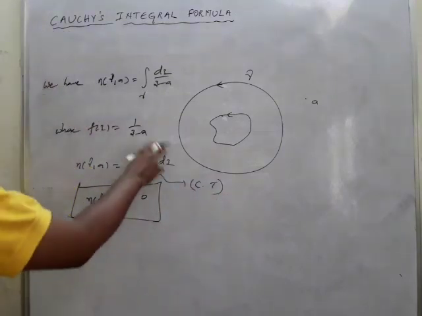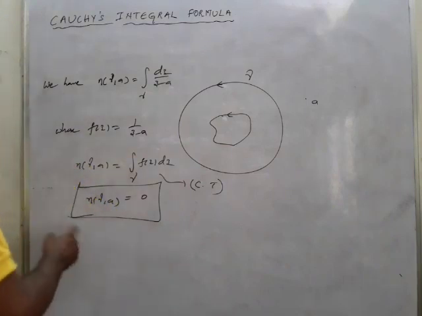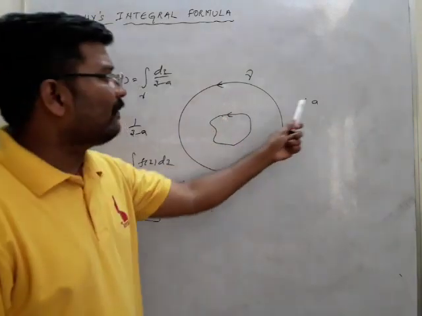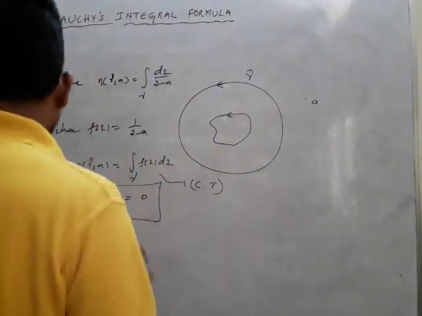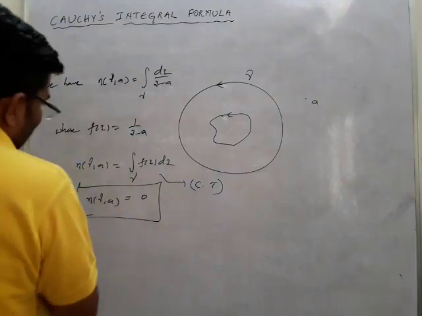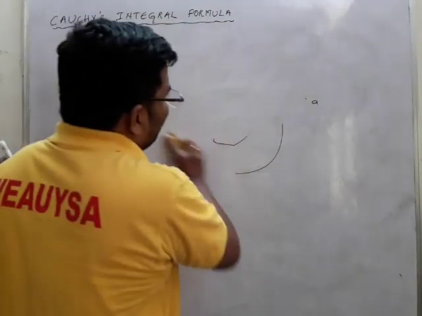According to Cauchy's theorem, this is nothing but 0. So this is how we can find that for a point which is not in the closed region, n of gamma comma a is equal to 0. So now we'll solve the Cauchy's integral formula.